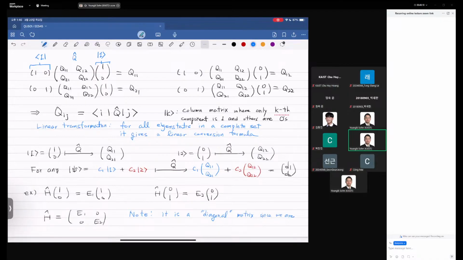A diagonal matrix, since we are using the energy eigenstate basis.